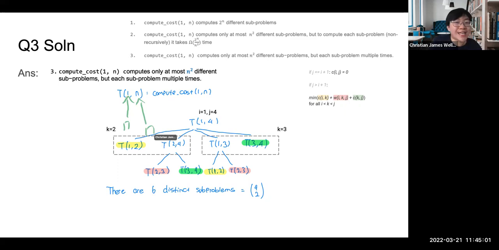So the naive way of thinking about the number of sub-problems is n squared, because there are n possible ones for the start point and n possible ones for the ending point. So that's why it's n squared different sub-problems.